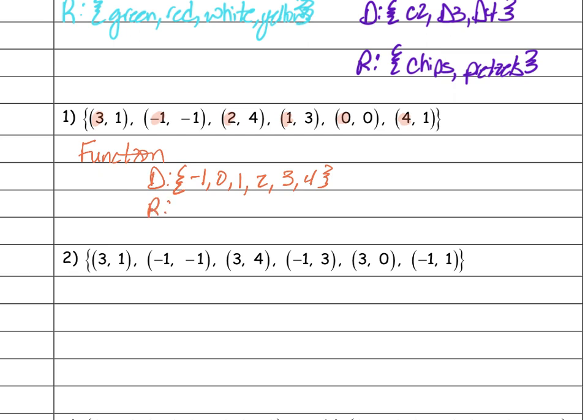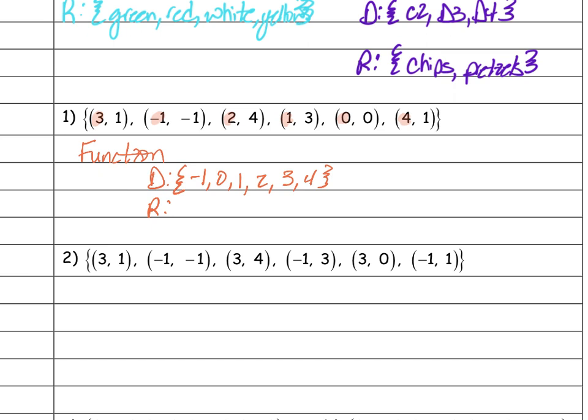And then my range is my y values. Sometimes if you have a hard time remembering which one is x and y, this is how I remember it. Domain comes before range alphabetically, and x comes before y alphabetically. So x goes with domain and range goes with y. Does that kind of help? They both go alphabetically, so it helps a little bit for me to remember.